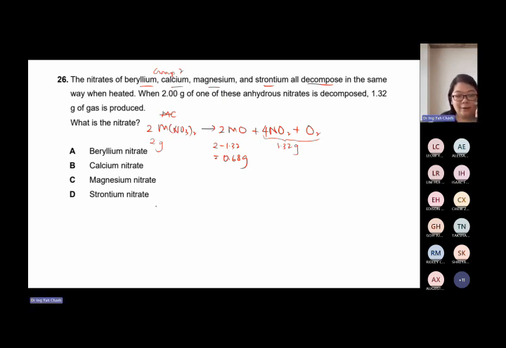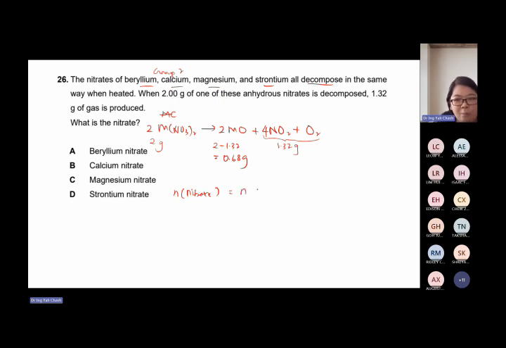Now, from the equation, you know that the number of moles of the metal nitrate is the same as the number of moles of the metal oxide. I just simplify it because if I write the whole formula, there will be too many brackets.